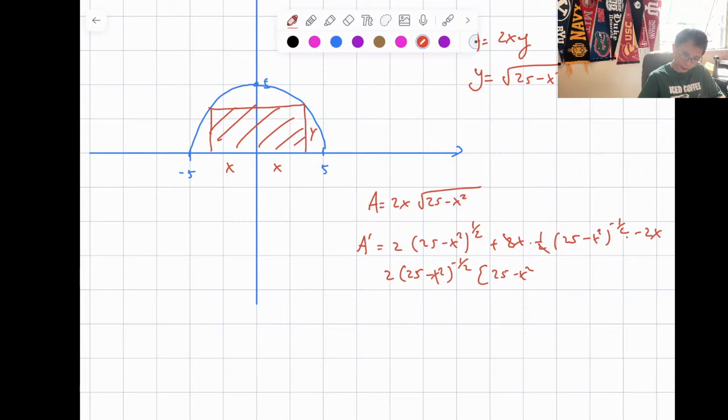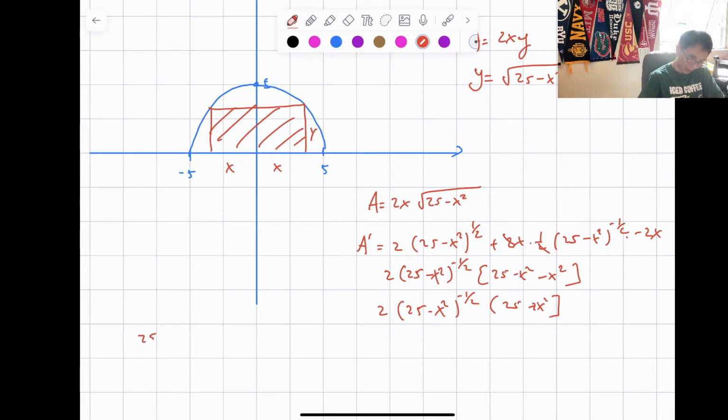This 2 cancels out. Wait, hold on a second. The 2 factors out, so it'll be minus x squared. So it'll be 2 times (25 minus x squared) to the negative 1/2 times (25 minus 2x squared).